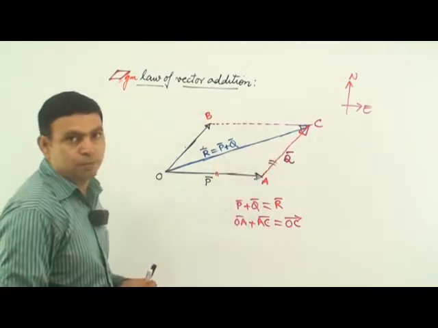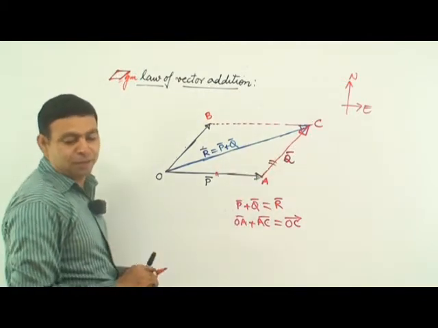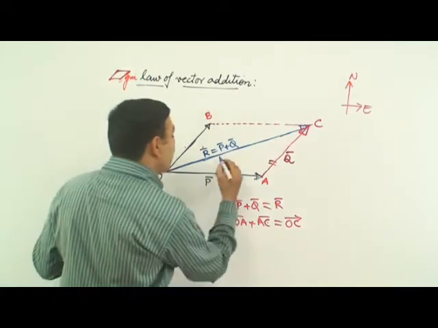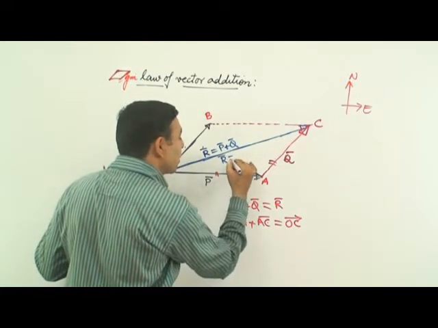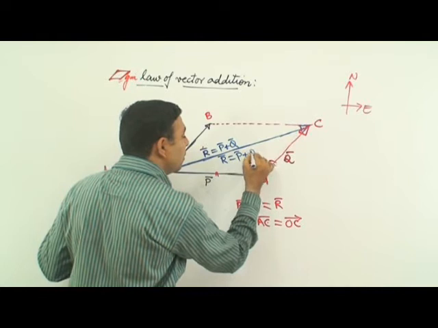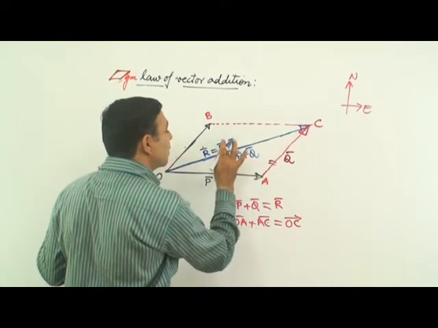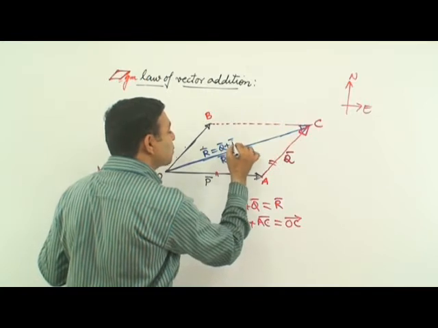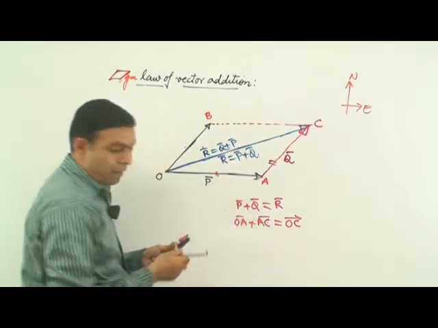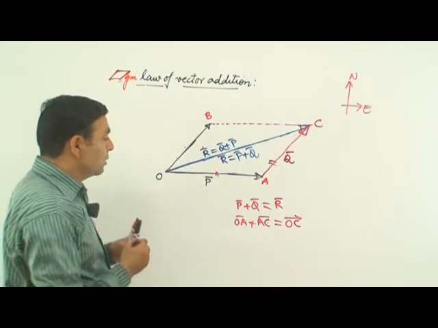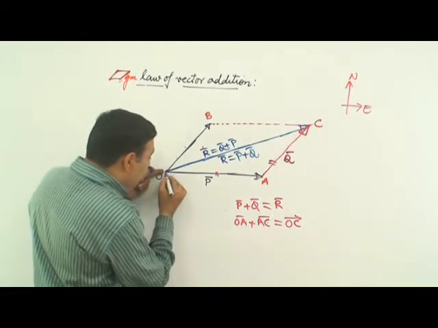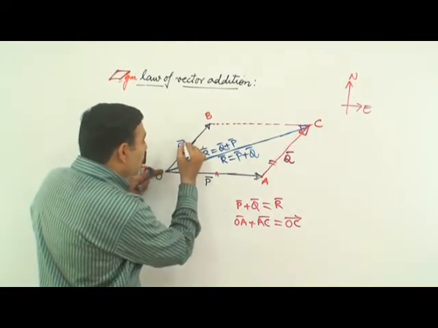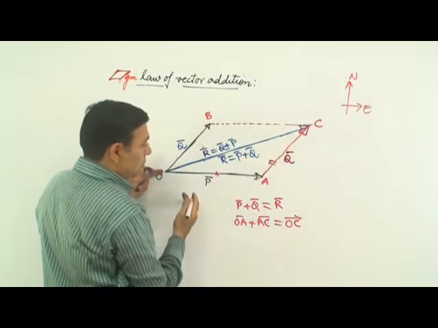Fine. Or you can even write like this. Let me write here R equal to P plus Q, and above this line let me write Q plus P. Why I am doing this will be clear within a short span of time. Instead of taking this vector Q and keeping it here, let Q be here itself.